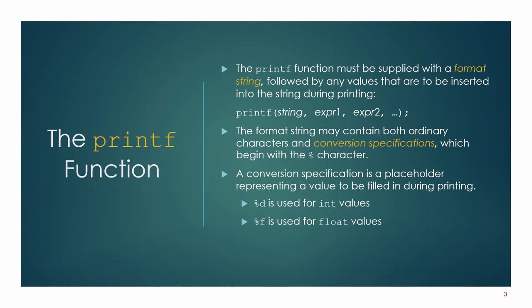In the format string, in order to put a variable, we put something called a conversion specification. That's that percent sign we talked about. It begins with the percent character, which indicates you're going to put a variable, and then you put what type of variable. At the close of the string, you put a comma and start listing the variable names.